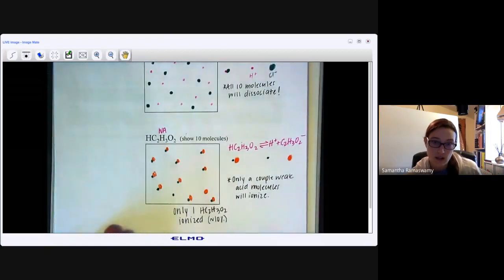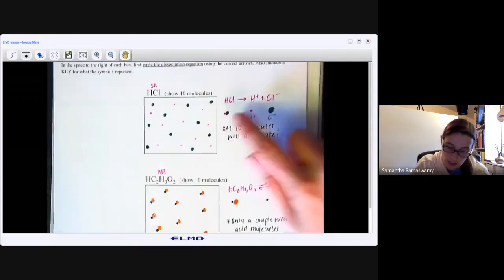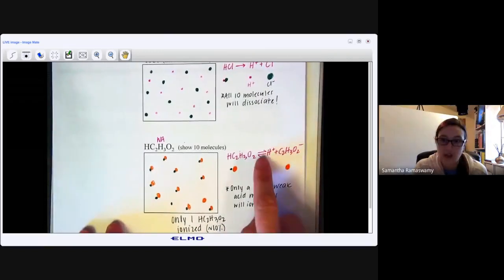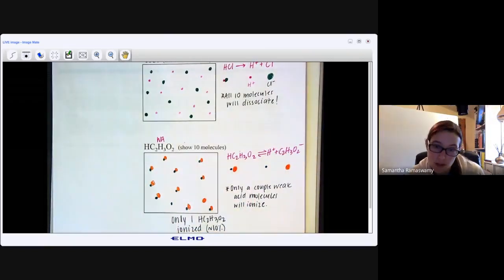So this is going back to the fact that strong acids completely dissociate, which is why we can use the single arrow. Weak acids only partially dissociate, which is why they exist at equilibrium. So since they exist at equilibrium, we have to go through and use ICE tables and everything like we did with weak acids.